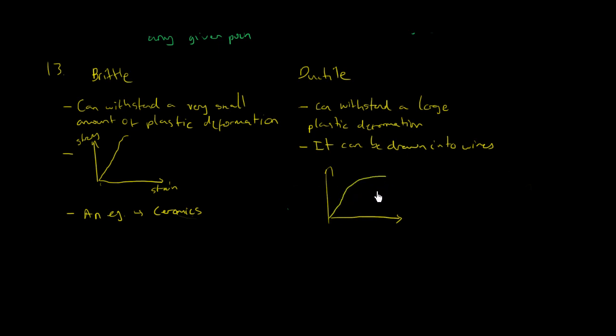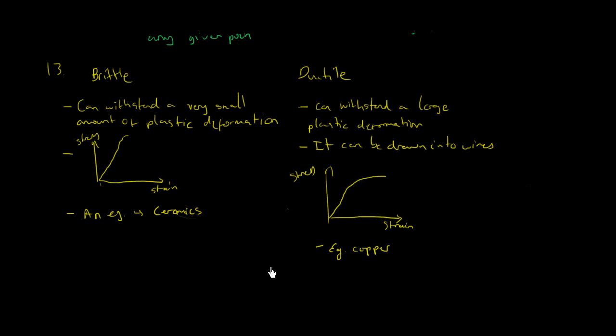So the stress-strain graph, it gets to a point where you get a large strain for a very small amount of stress, so you don't increase the force very much anymore, but it gets a large strain, so it stretches very much. And that's very useful if you want to make wires. And finally, an example would be copper, right? You look around, you see lots of copper wires, so you can use that as an example.